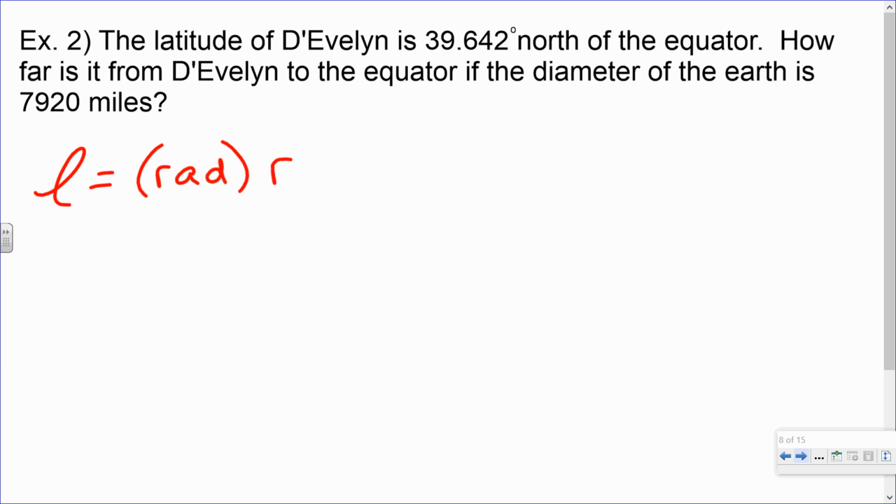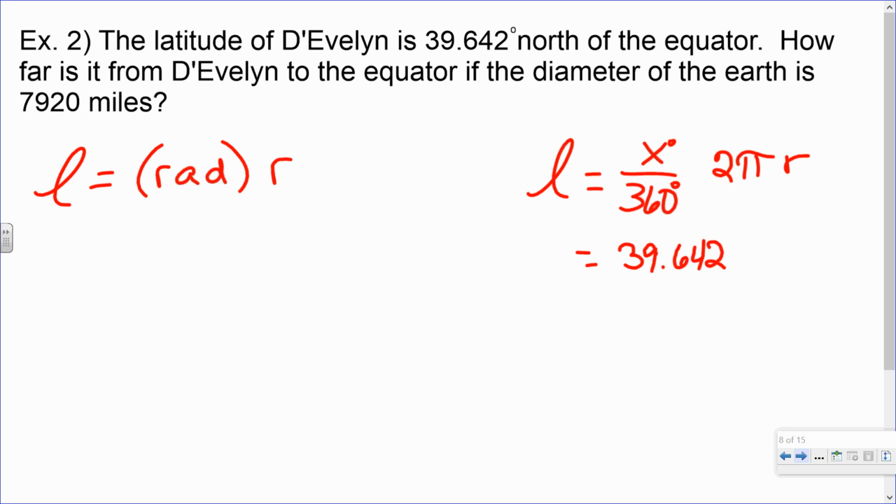That's going to give us exactly the same result as if we use the old formula, x out of 360 times 2 pi r. And you're going to see in a moment that we do get exactly the same thing. If I used this formula, which I might as well since this one is given to me in degrees and not radians, I would take the 39.642 degrees over the 360 degrees times 2 times pi times the radius.